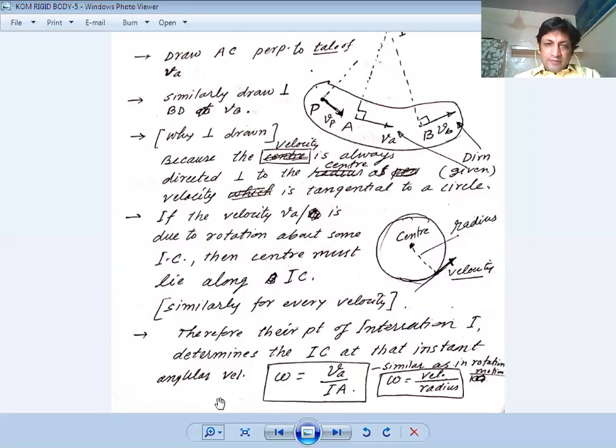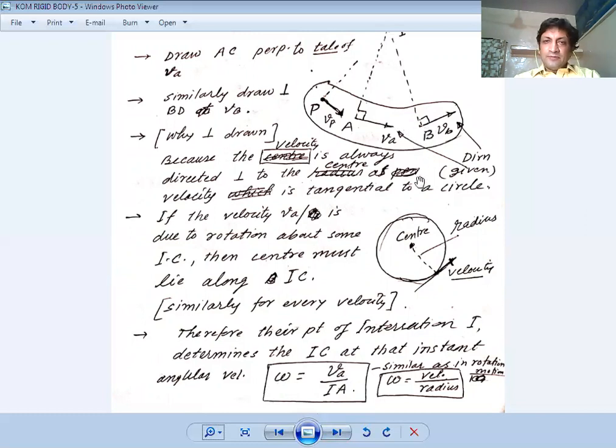At that instant, the angular velocity omega is equal to VA upon IA. As we know omega and VA, we can calculate the value of IA, and similarly we can find IB.